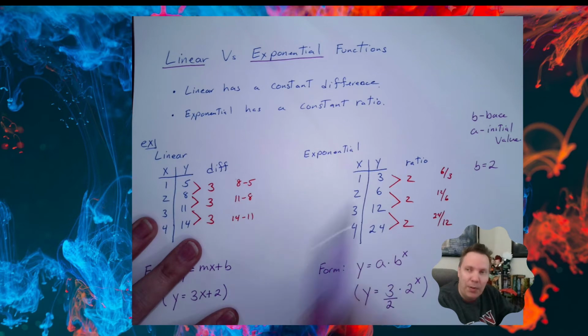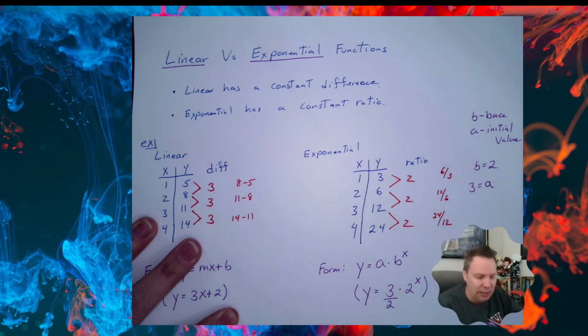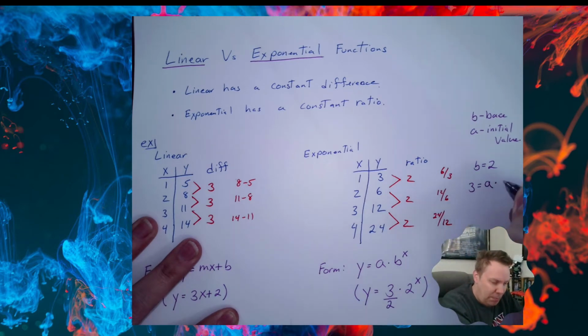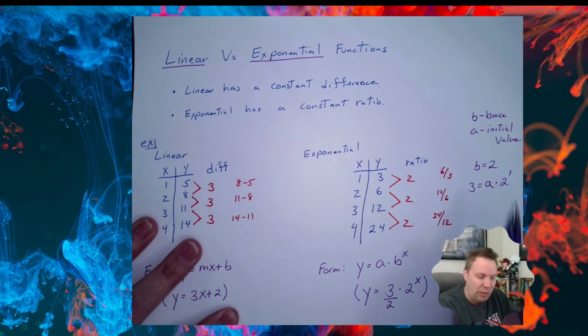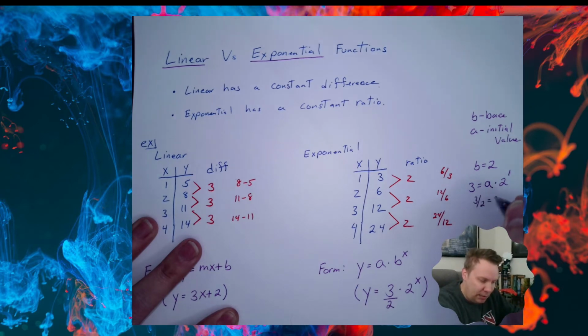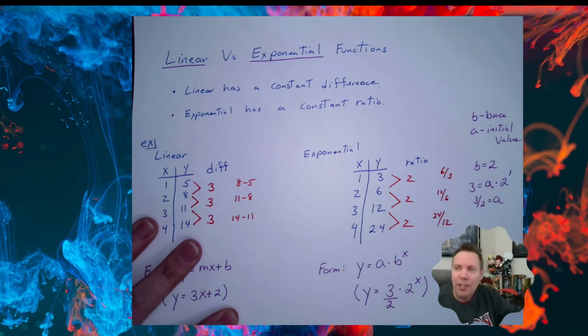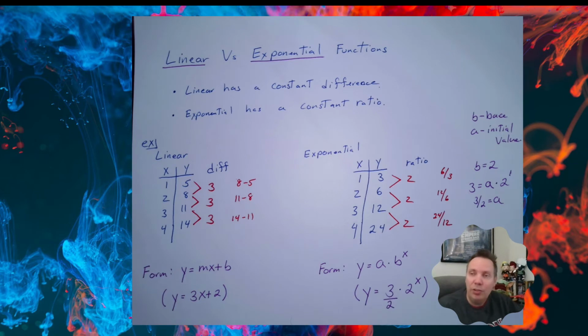I'm going to choose 1, 3. So I know my output is 3. I don't know what a is, but my input was 1. 2 to the first power is 2, so that means a is equal to 3/2. And that's how I wound up getting y is equal to 3/2 times 2 to the x power.